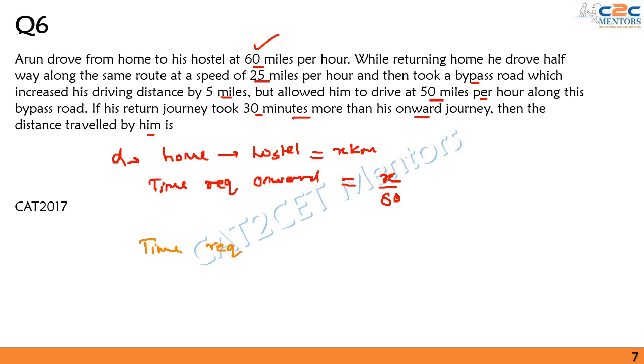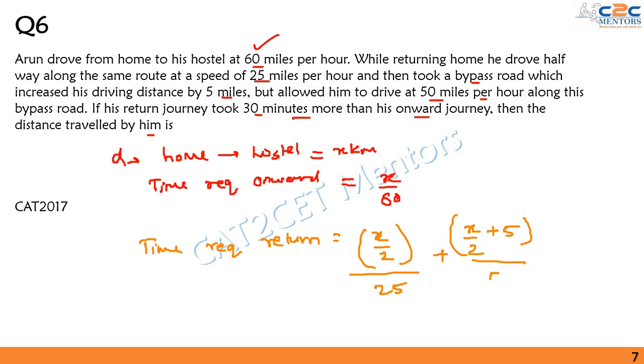Time required in the return journey will be equal to, till the halfway he has traveled at a speed of 25 miles per hour, plus during the return journey, after driving halfway, he took a bypass which increased his distance by 5 miles. So he traveled x/2 plus 5 kilometers, but in this scenario his speed increased to 50 miles per hour.